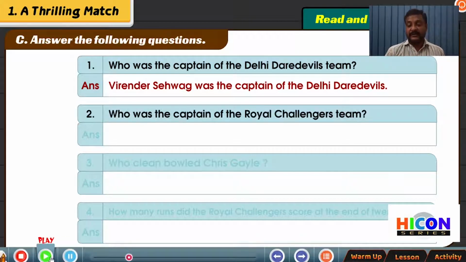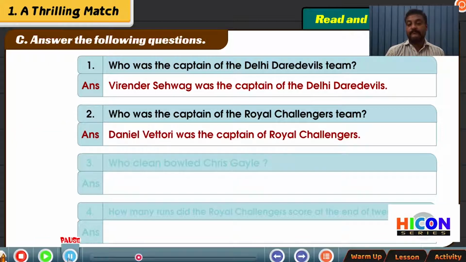Now, the second question. Who was the captain of the Royal Challengers team? From Delhi Daredevils, Virendra Sehwag came out, and who came out from the Royal Challengers team? Daniel Vettori was the captain of Royal Challengers. Daniel Vettori, he is from New Zealand actually.